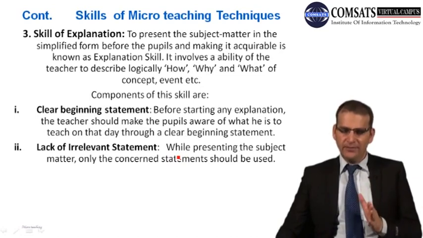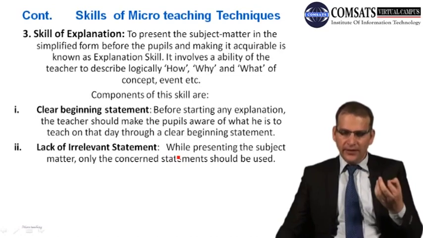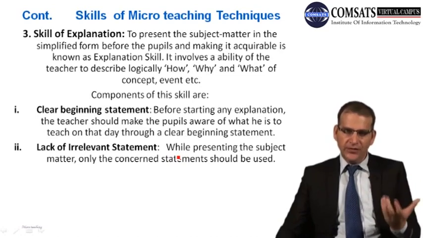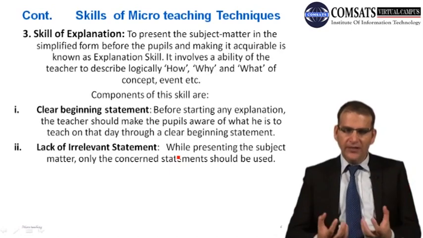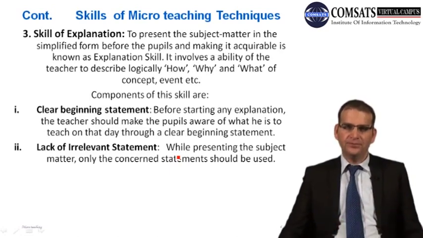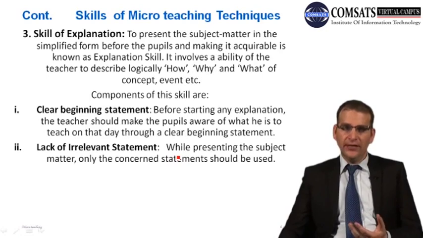Skills of explanation, right? It involves the ability of the teacher to describe logically the how, why, and what of concepts, events, etc. 5 W's and 1 H. Right? What is there?